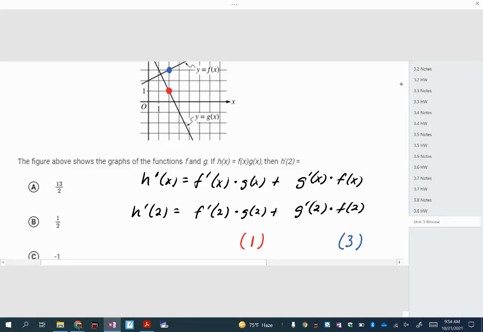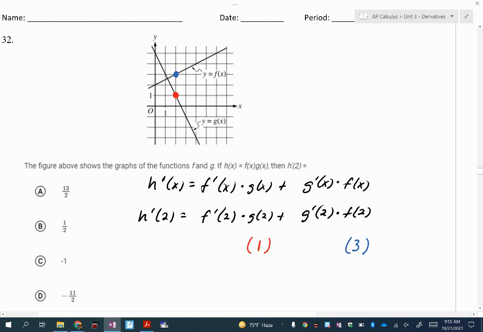Now for these other ones, the derivatives, we have to look at the tangent lines at these points. So for f prime at positive 2, the slope is going to be this for this tangent line in green, and it actually is the line f of x. So I just got to find the slope of f of x, which is up 1, right 2.